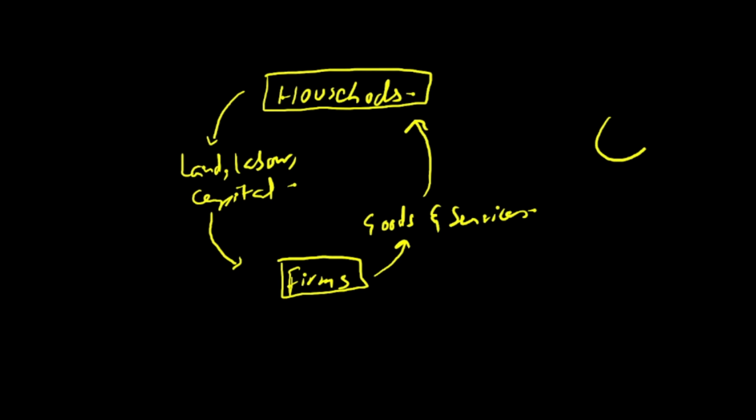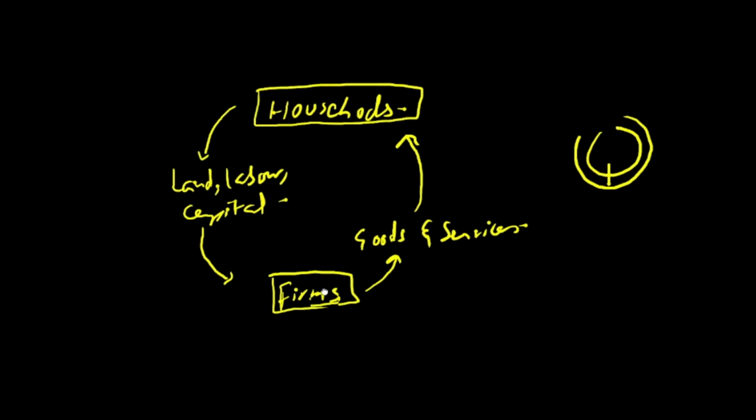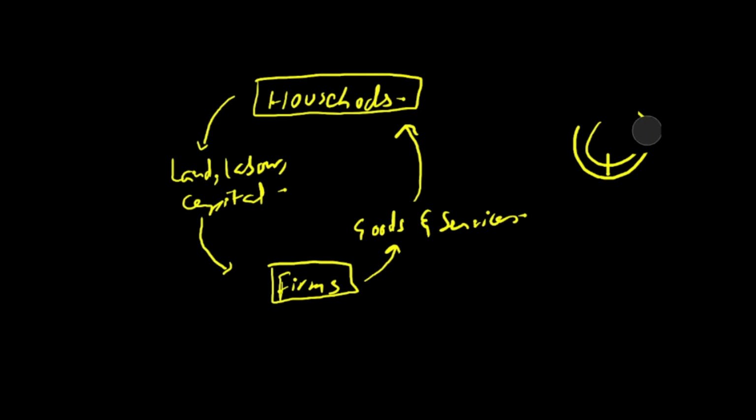So this movement is anti-clockwise. This kind of movement is clockwise. Now we will move to the second thing, that is the movement of money. How does income flow between these two economic agents? Households will buy goods and services and they will pay the price of these goods and services to the firms. So money will flow from the households to the firms.